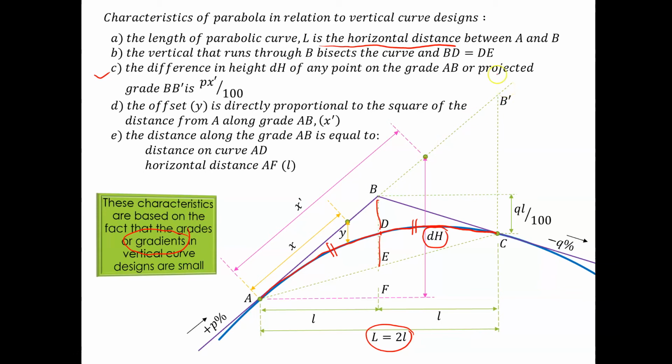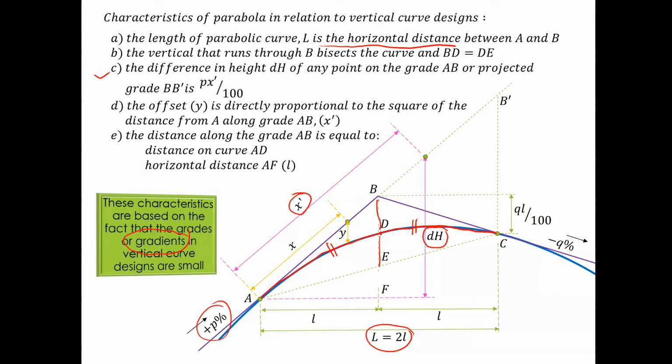The grade VB is px prime over 100. So it's basically the distance of that point from A, x prime, multiplied by the grade divided by 100, in percentages.